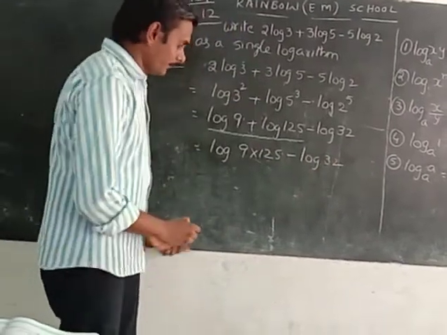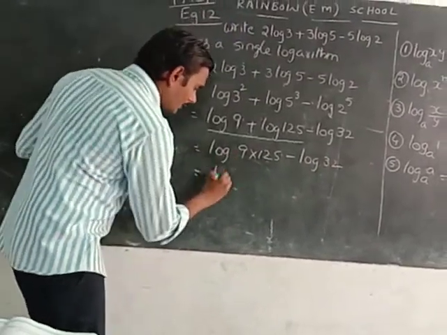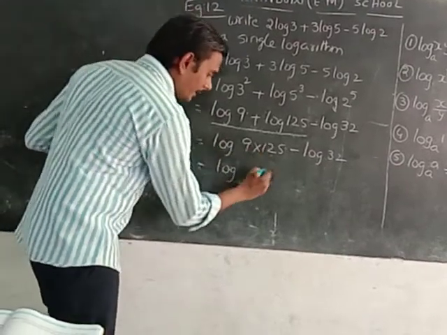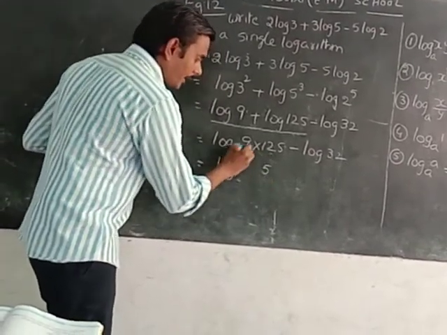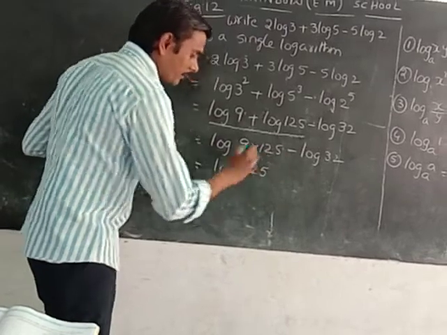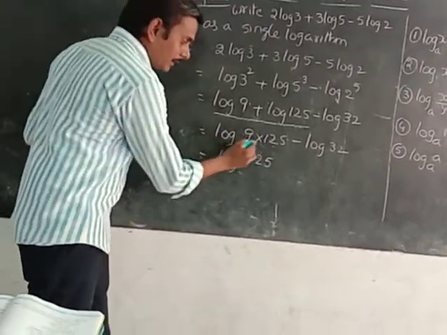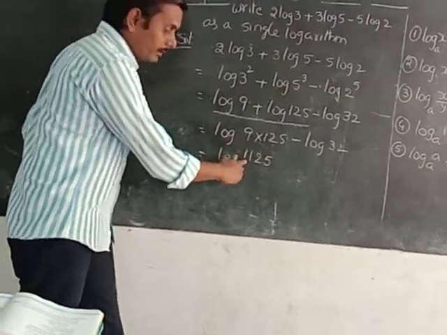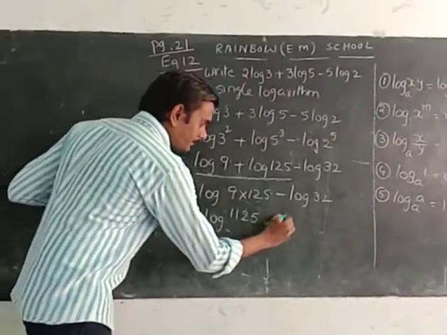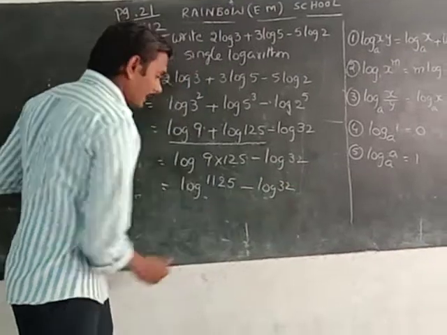Now multiply these two: 9 times 125. By multiplying these two, we will get 1125, minus log 32.